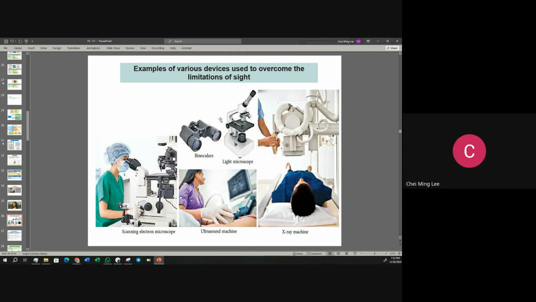If I have to look at a virus, which is even smaller, we need a scanning electron microscope. This one is normally the one that you can find in your school. This one normally you can't find in your school because it normally needs around 100K and above each. Looks very small, right? Almost a similar size, but this one is very expensive.